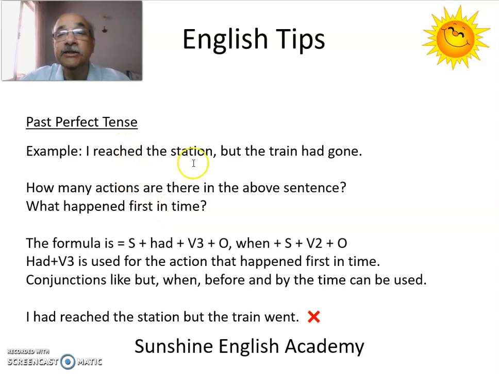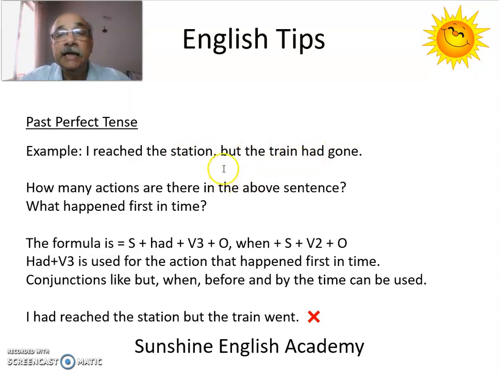Is it reached or is it had gone? Well, the train had gone first and then I reached the station, right? So had gone happened first in time, not first in the sentence, because first in the sentence is reached, but first in time is had gone.